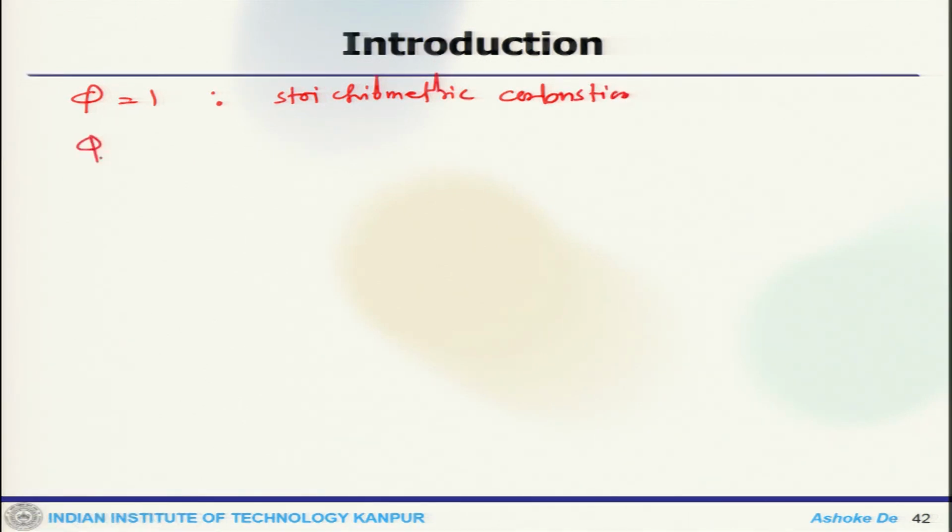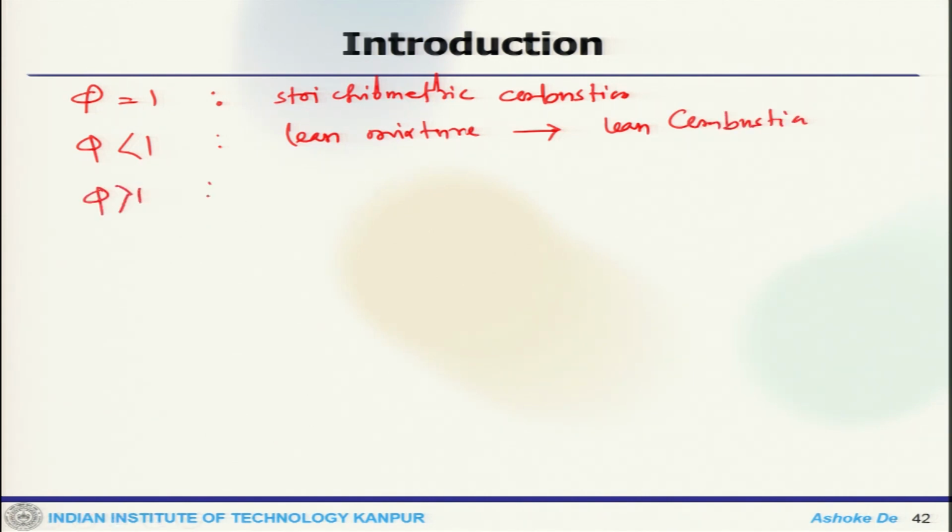When phi is less than 1, this should be a lean mixture, and a lean mixture leads to lean combustion. At the same time, if phi is greater than 1, it is a rich mixture, leading to rich combustion.